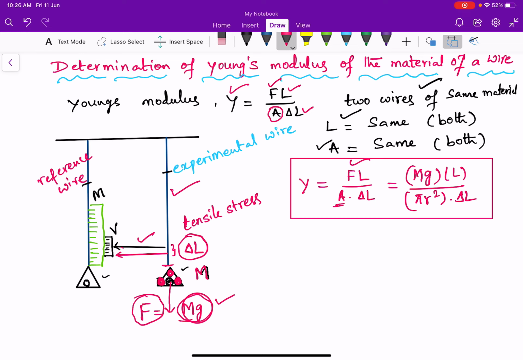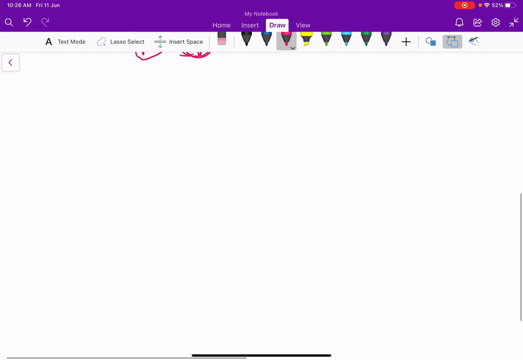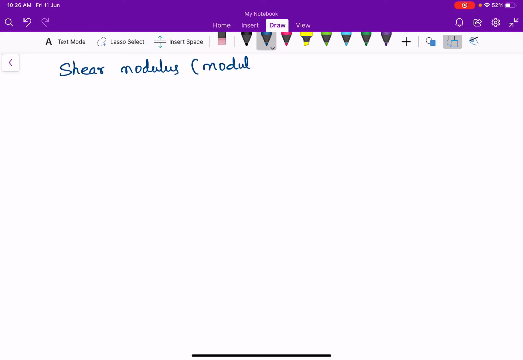Now I am going to discuss another kind of elastic modulus, that is shear modulus. Shear modulus, we also call it modulus of rigidity. In the last video, we discussed shear modulus, shear stress and shear strain.